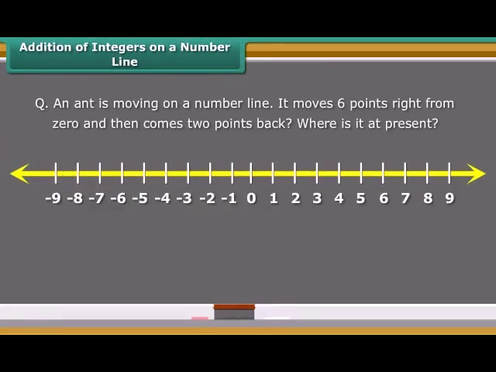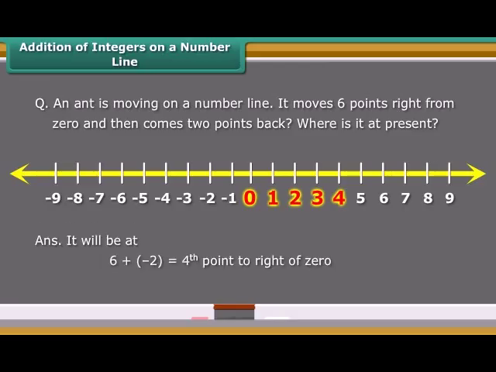An ant is moving on a number line. It moves 6 points right from 0 and then comes 2 points back. Where is it at present? It will be at 6 plus (-2), which is equal to 4, the 4th point to the right of 0.